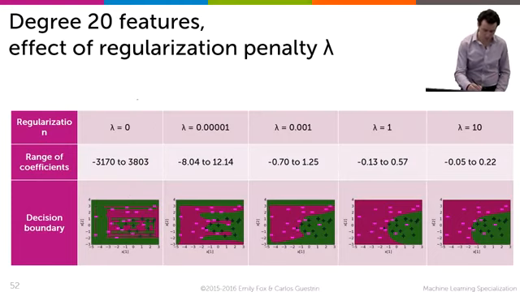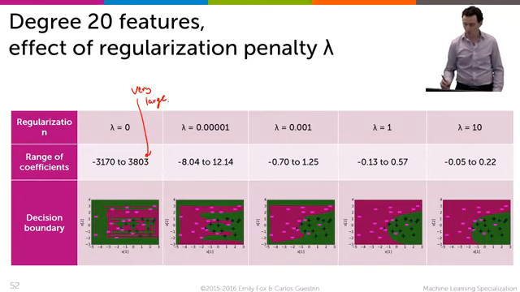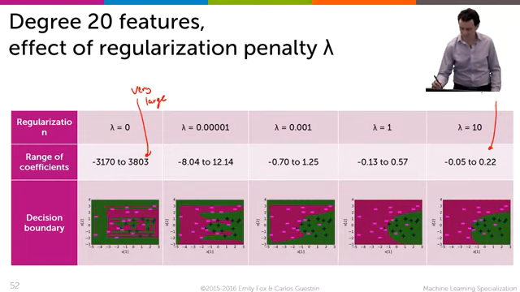When lambda is equal to 0, we get very large coefficients, while when lambda is large, like 10, we get good size coefficients, let's say smaller coefficients.